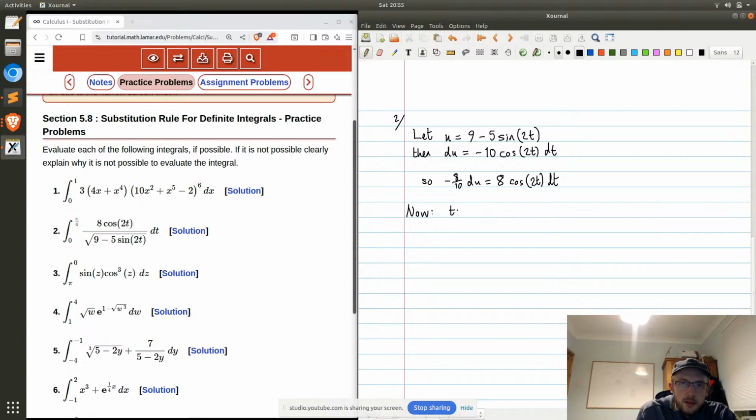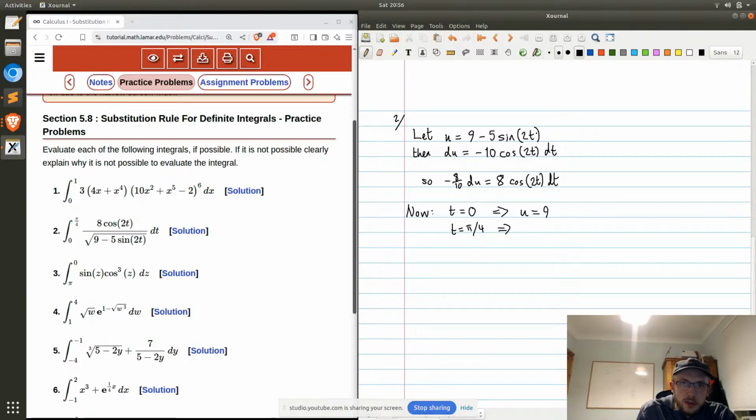Now, when t is equal to 0, if I look up here and I just plug in 0, well, sine of 0 is just 0, right? And therefore, u equals 9. And if t is equal to pi over 4, well, I come up here and I put in pi over 4.